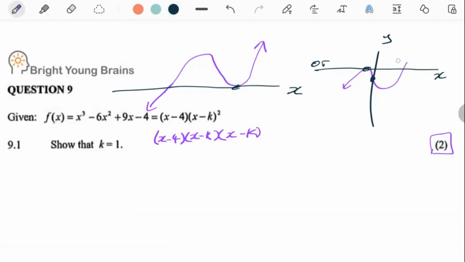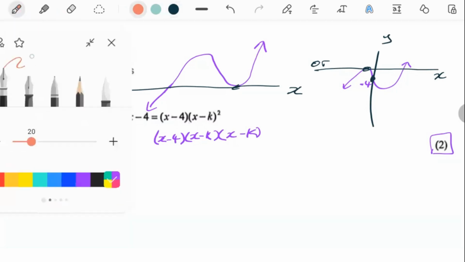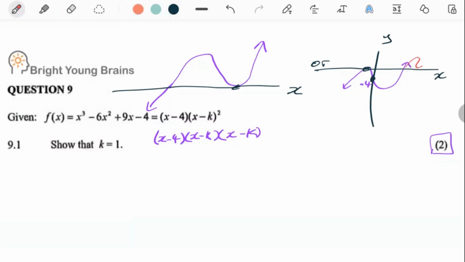The reason why I've chosen this format is because firstly, this is telling us that our y-intercept is a -4. This is telling us our graph starts by going up, down, and then up again. This is telling us that we have an x-intercept where we also have a turning point. So this being x minus 4, this is easily telling us that we have a positive 4 over here.